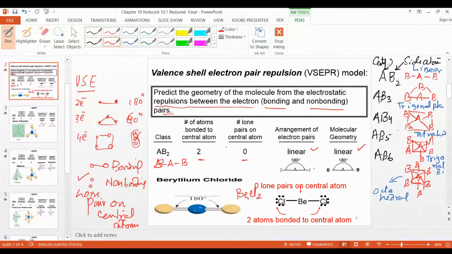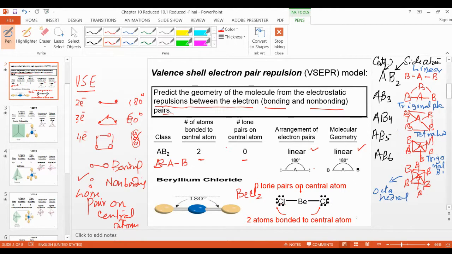BeCl2. So this geometry you cannot determine unless you know how to write the Lewis structure. So first you write the Lewis structure, then you write the geometry of the molecule. Only on the basis of the Lewis structure can you understand whether the central atom has a lone pair of electrons, yes or no. If it has a lone pair of electrons, the geometry will be different.